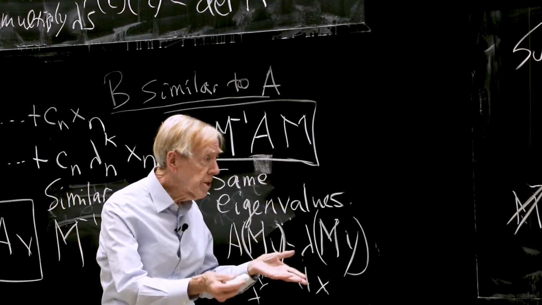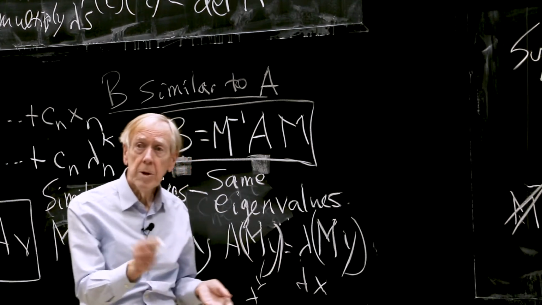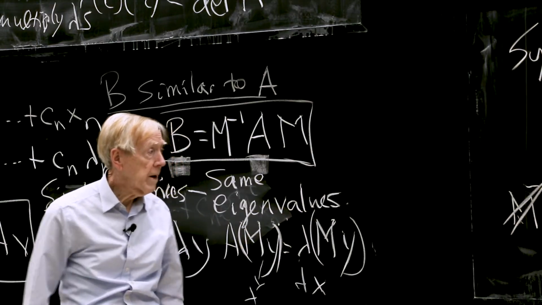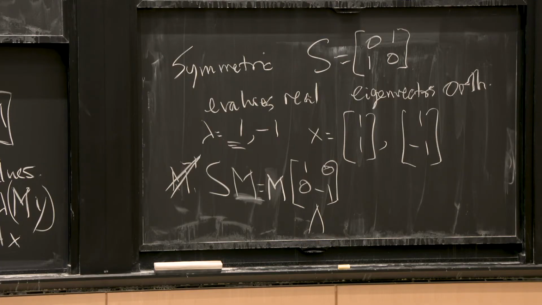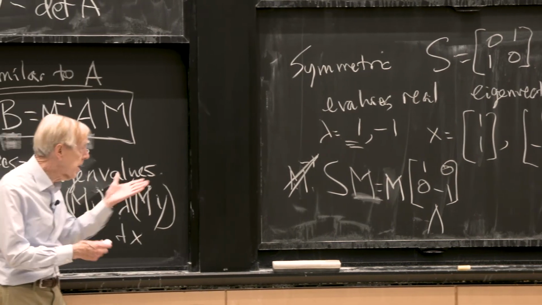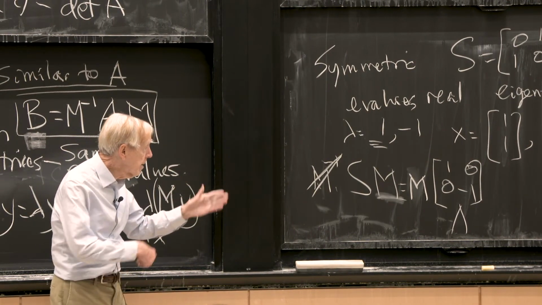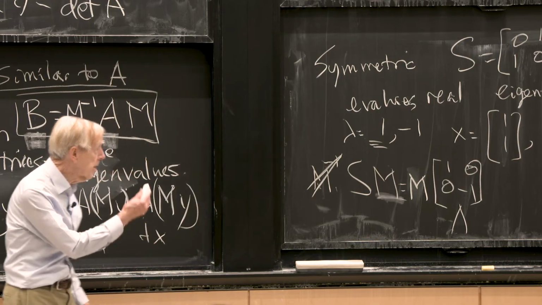That produces a similar matrix lambda, which has the eigenvalues. That's the great fact about diagonalizing. That's another way to say this is how the eigenvectors pay off. You put them into M. You take the similar matrix, and it's nice and diagonal.